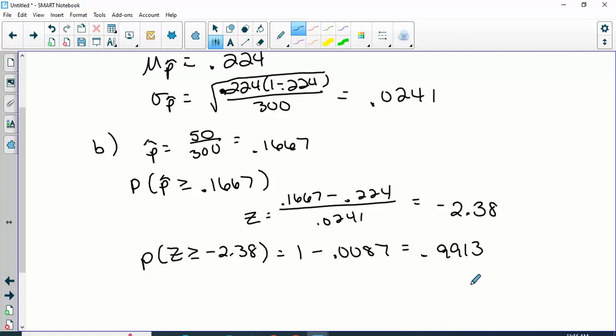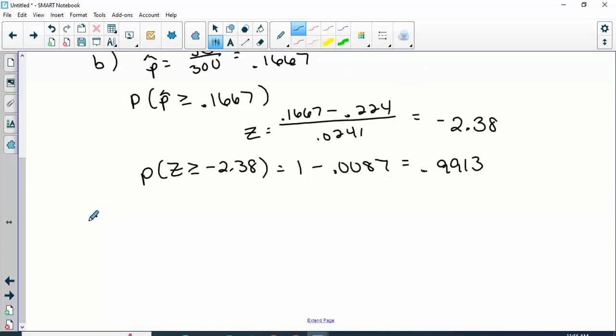So part C wants to know, would it be unusual if 18% or less were smokers? So, 18%, that's a proportion. What do we need to find here? We're doing less than.